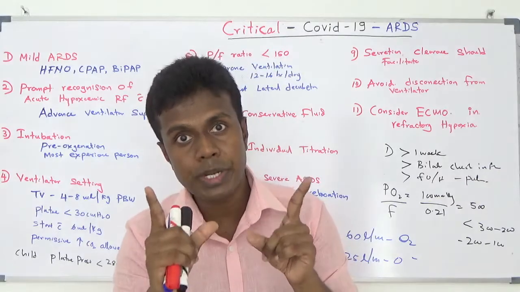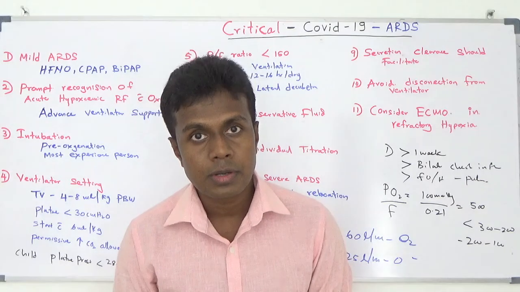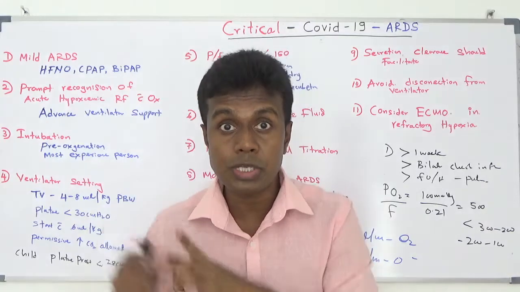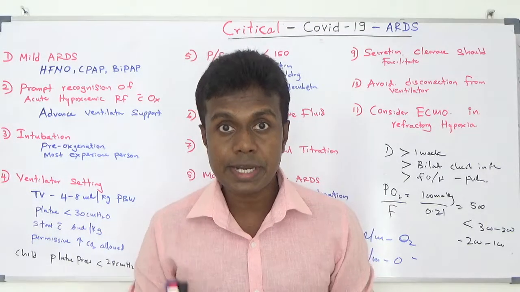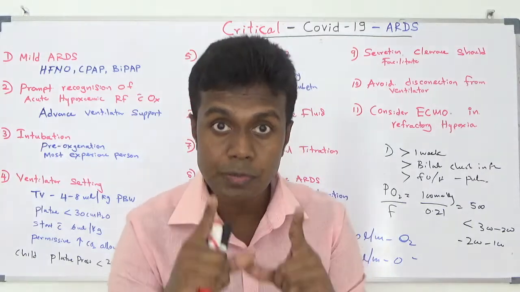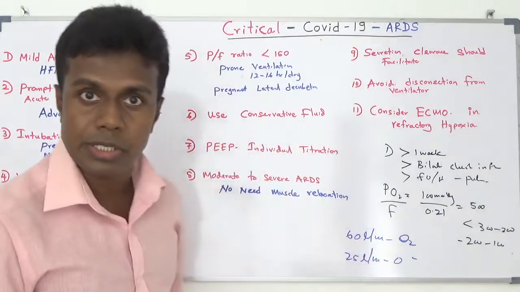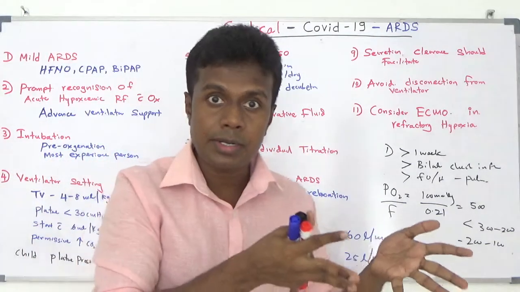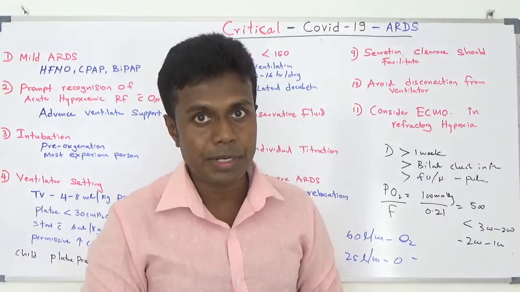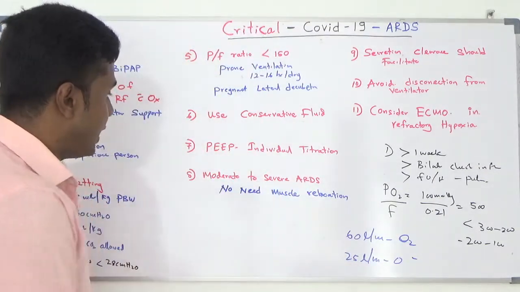So PEEP should be individualized. Your consultant anesthetist or the consultant responsible for this patient will decide how much PEEP should be given. PEEP should be optimal for each and every patient. I can't give one value that is optimal for COVID-19 patients. That is individualized completely.